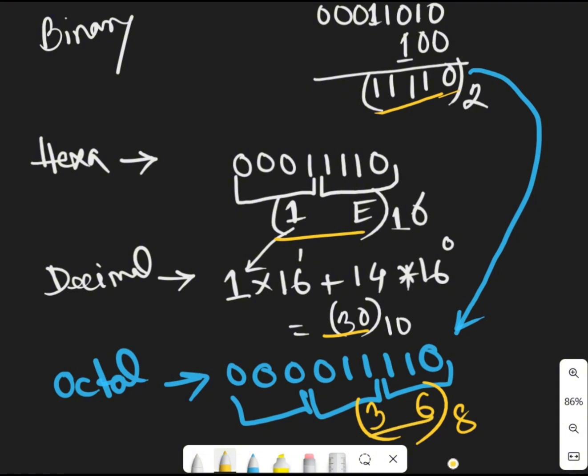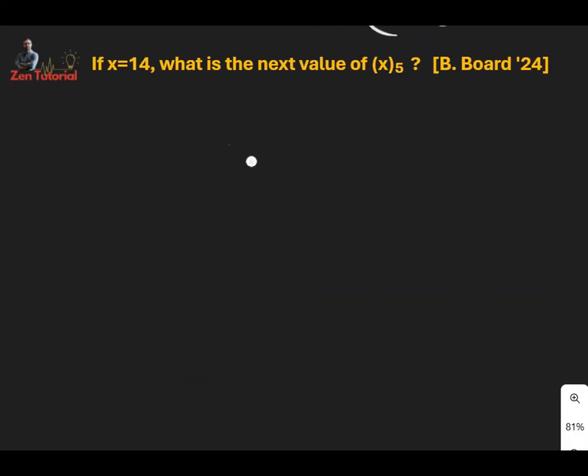If x is equal to 14, what is the next value of x in base 5? So the value here is in base 5 and the x value is 14, so 14 base 5. So this is a base 5 value. What is the next value of 14? This is the question, right? Let's convert this value into decimal.